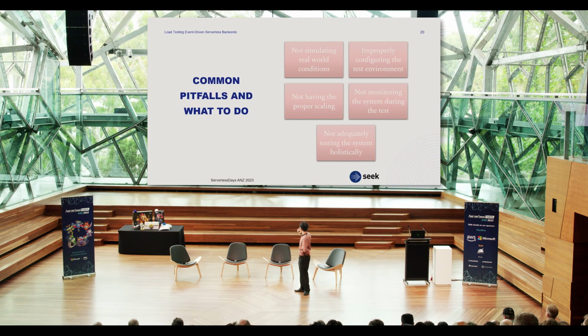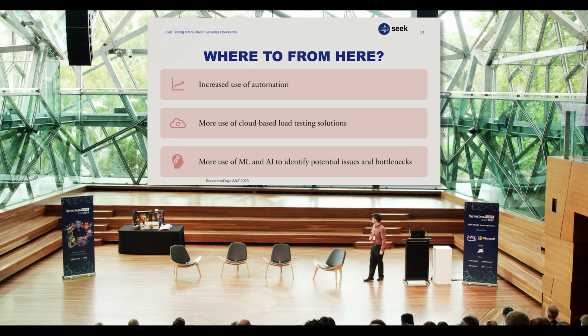And of course, not adequately testing the system holistically, because especially the more complicated your system is, the more potential there is for different points within the system to be down because of what you do. So it's very important to understand the dependencies of what you do and how you will eventually address that. So where to from here?